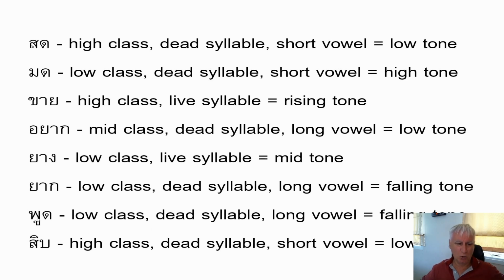And this sara oo is a long vowel. It's not an o, it's an oo. So low class initial consonant, a dead syllable because of the dor dek at the end, and a long vowel, that's a falling tone.